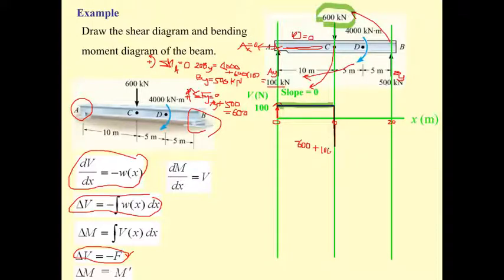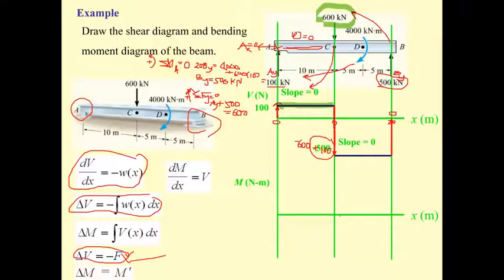So the shear here is going to be minus 500. And there is no uniformly distributed load between C, D, and B, so all of this is constant. When you arrive here, B sub y is up, going to cross this for 500, and we get the value here of 0.